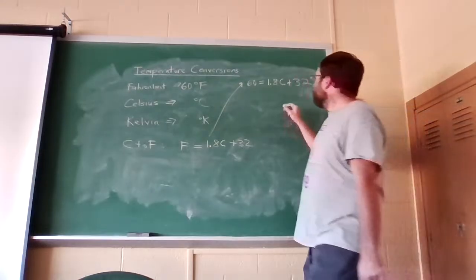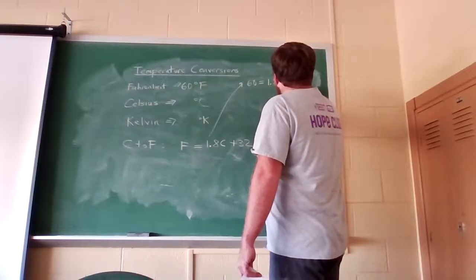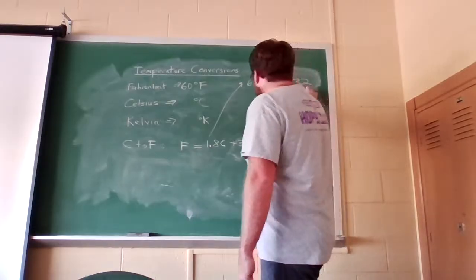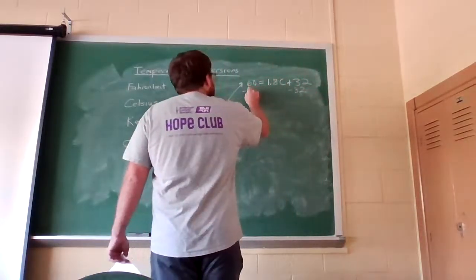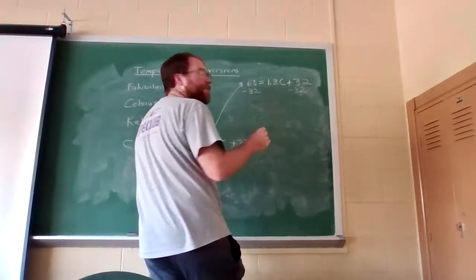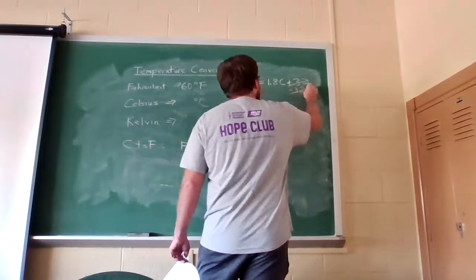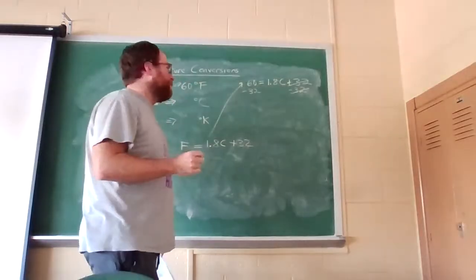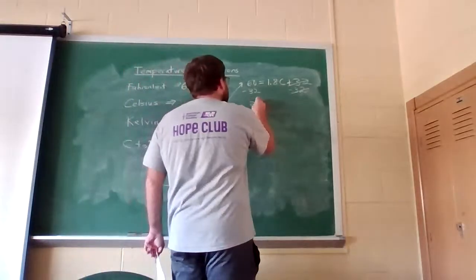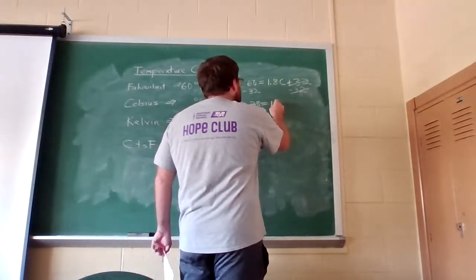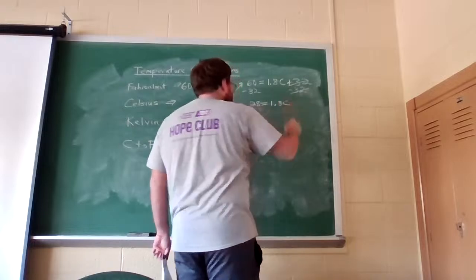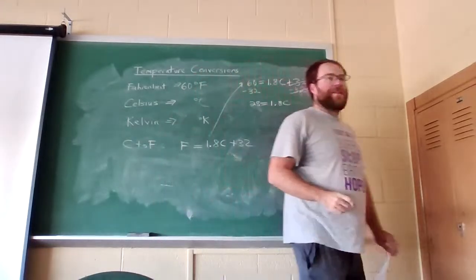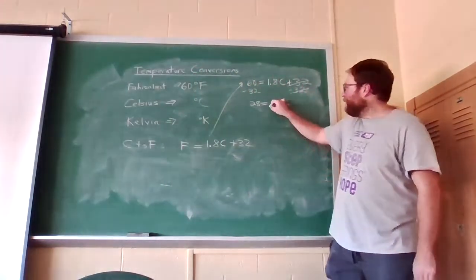So just subtract it from both sides. We have to move that over first. 60 minus 32 is 28. 28 equals 1.8 C, and you divide both sides by 1.8.